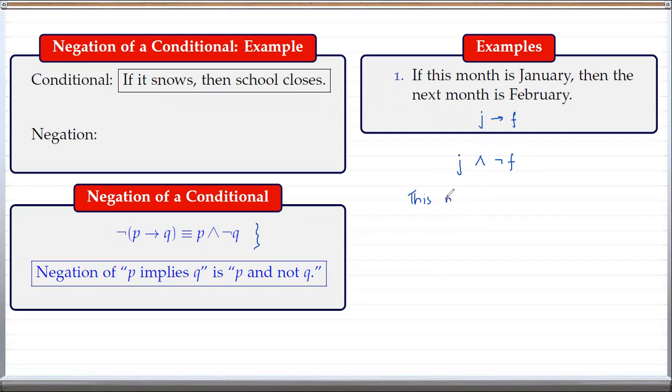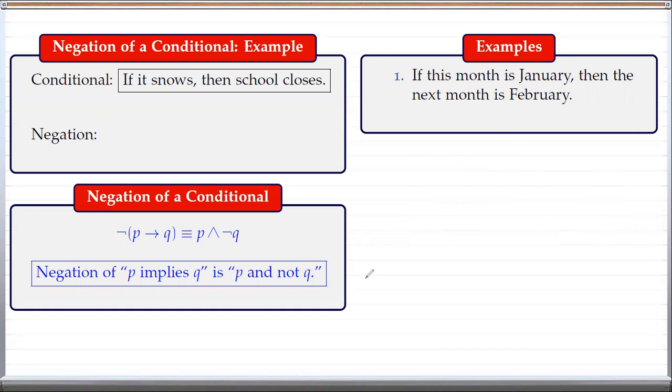So this month is January, and, or we could use the word but, the next month is not February. So the negation is this month is January, but the next month is not February.